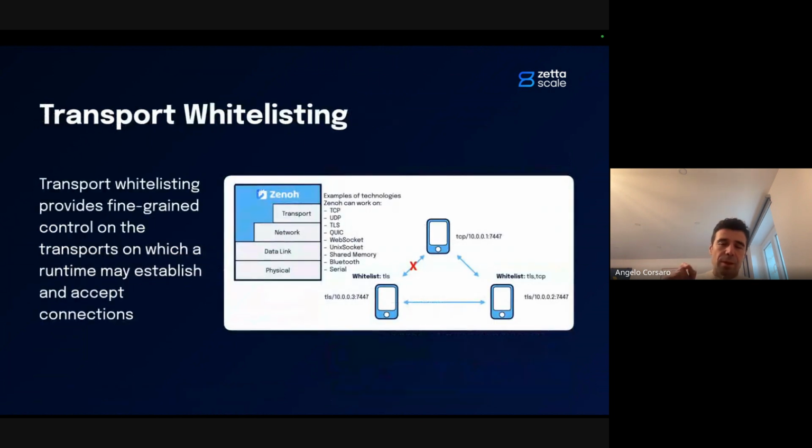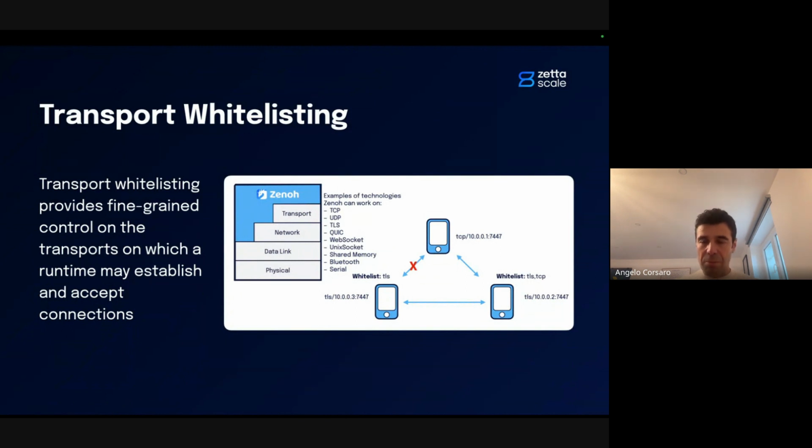Okay. Now, something else that is important for you to know, because if you want to make sure that your system is secured, then as Zenoh supports a zillion transports, you need to make sure that on public networks you only communicate through secure protocols. Through transport listening, you can decide for every runtime what transports are allowed on which interfaces.